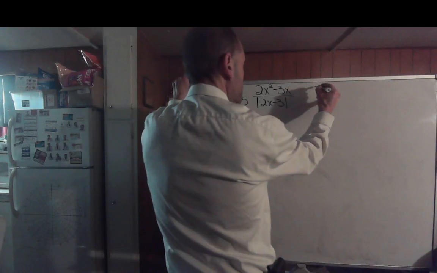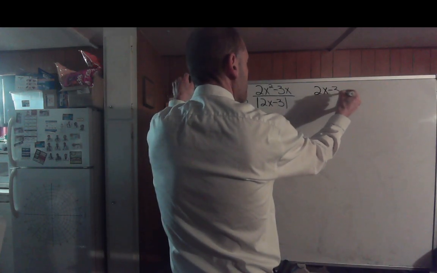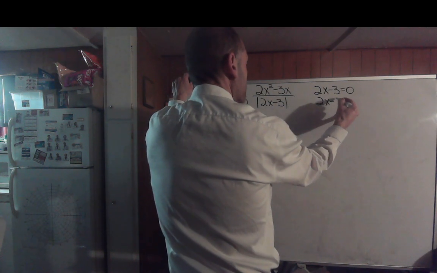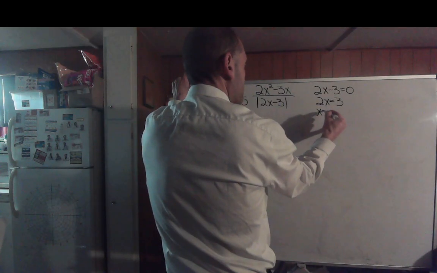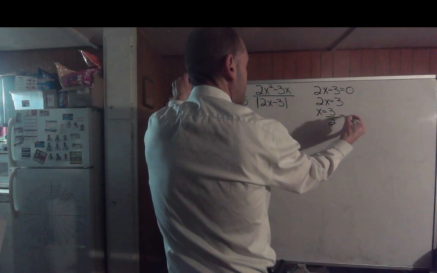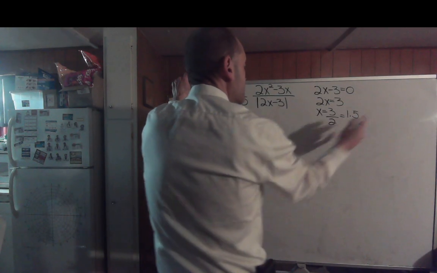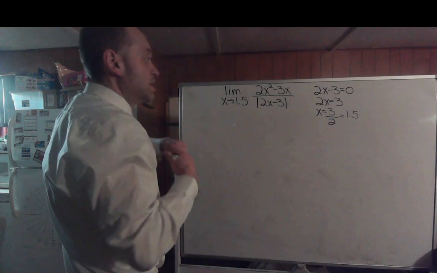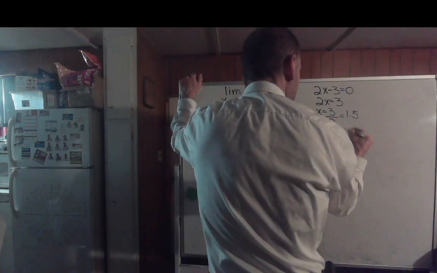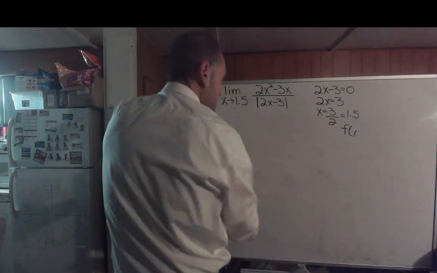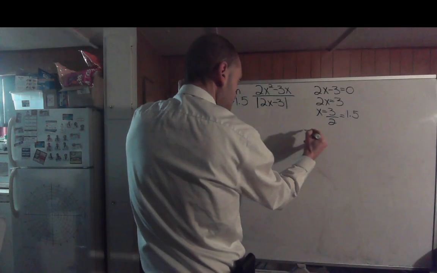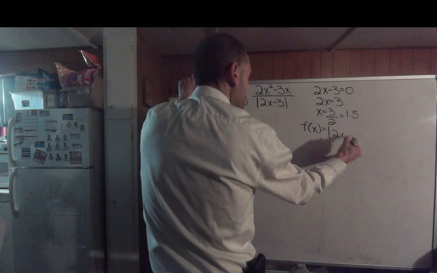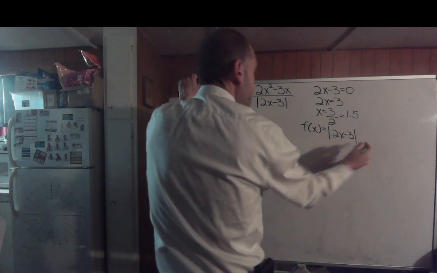So if you set 2x minus 3 equal to 0, that's going to give you 2x equals 3, where x would equal 3 halves, which we know is 1.5. So you actually have a breaking point at x equals 1.5. So let me write this over here a little bit more. f of x is equal to the absolute value of 2x minus 3.